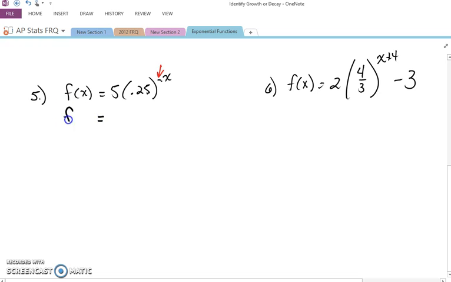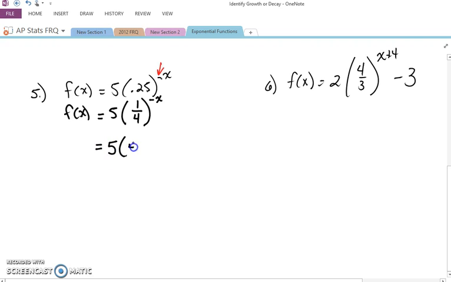Well, I know that 0.25 is really 1/4. And then we've got the negative x. And then what's that negative x do? It's going to flip it. All right, so now I've got a clearer look at what the actual value of b is. And we know that b is 4. Therefore, this is a growth function.